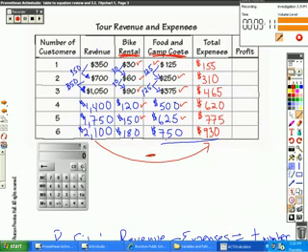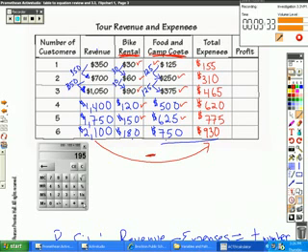So the first customer: my revenue is 350, and I am subtracting 155.